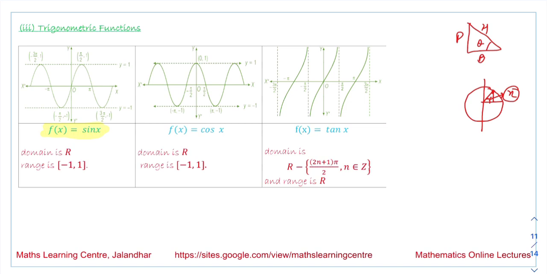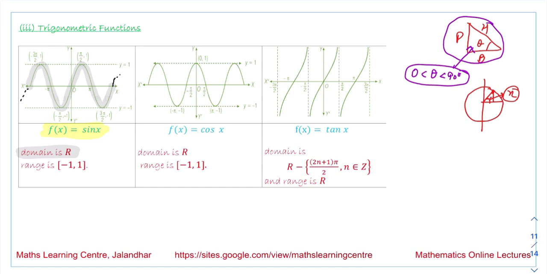So f(x) is equal to sin x has a graph in this form. This graph continues like this, it is not ending over here. So we are saying the domain of this function is R. In your previous classes you have studied trigonometry, and over there this angle was restricted to the values 0 less than theta less than 90 degrees.